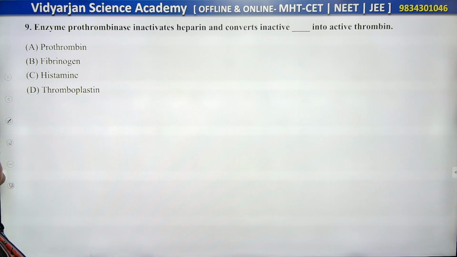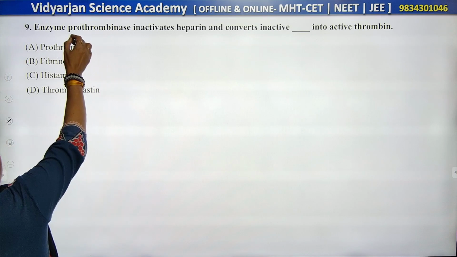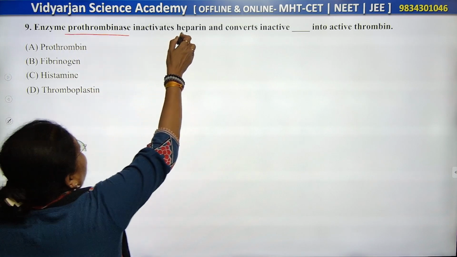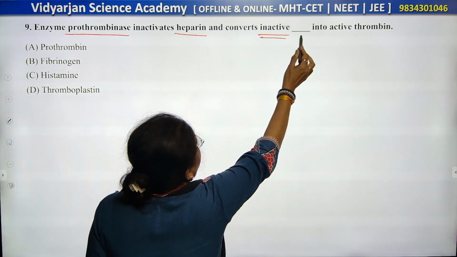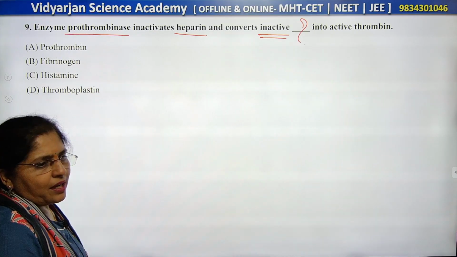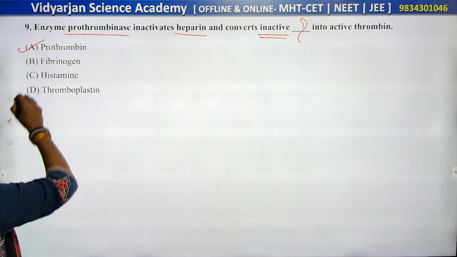Next question. Enzyme prothrombinase inactivates heparin and converts inactive what into active thrombin? So what should be your answer? For this you should know the cascade chain reaction for blood coagulation. The answer is prothrombin.